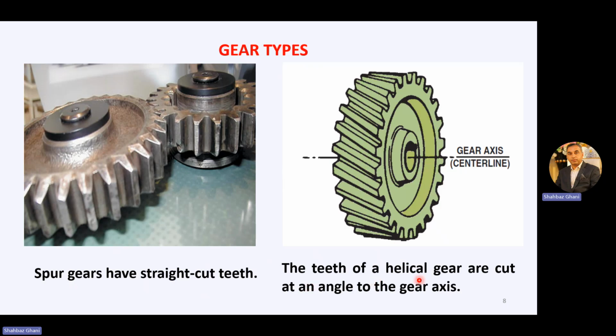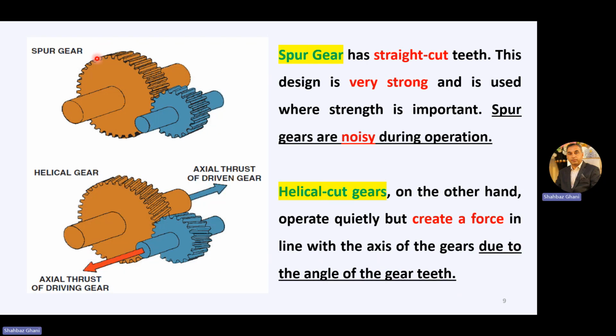The teeth of the helical gears are cut at an angle to the gear axis. So this is the gear axis center line, and this is the angle which they are making with the center line.